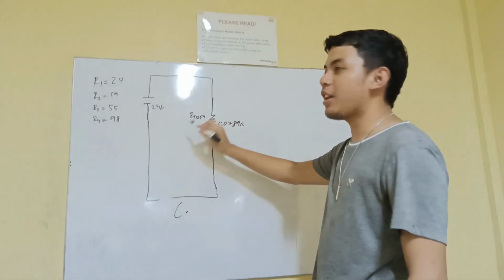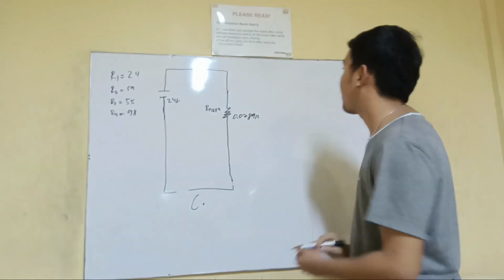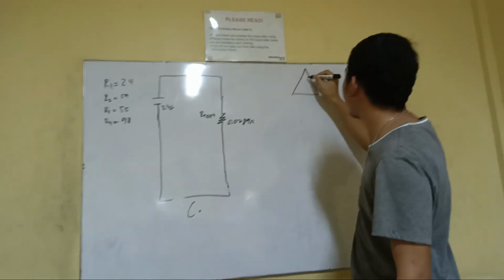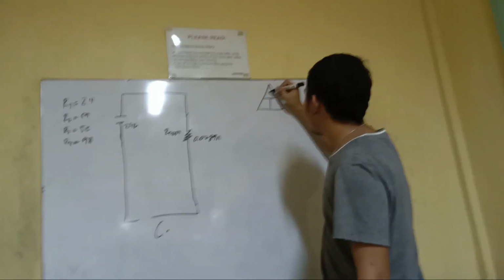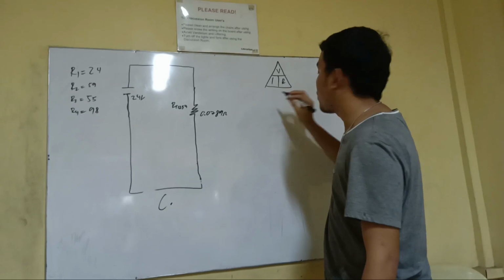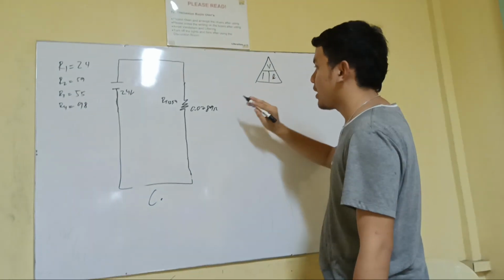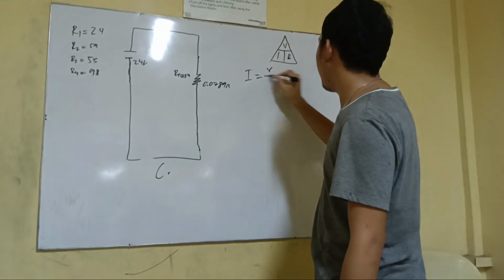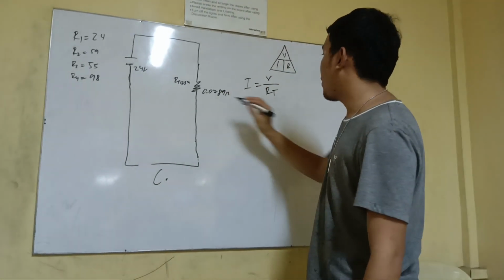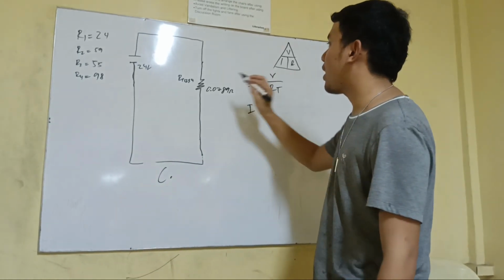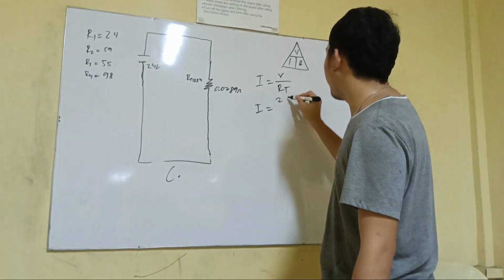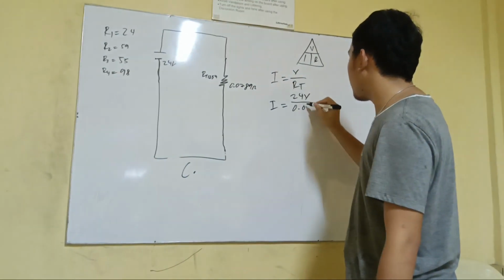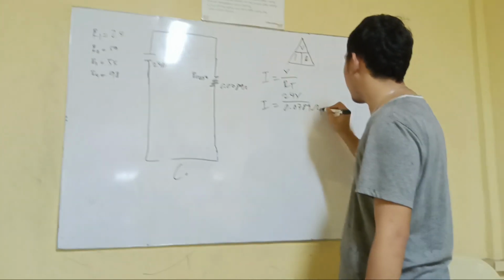And lastly, we're going to get the current of this problem. We have the formula, the triangle method, VIR. We're going to get the current, which is I. So our formula is I equals V over R total. We distribute the values: V is 24 volts, and our R total is 0.0789 resistance.